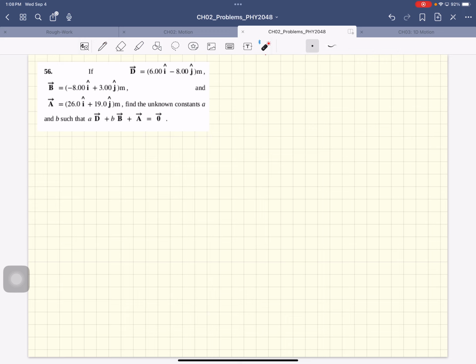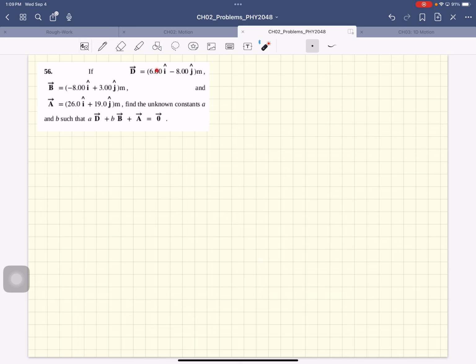We'll do this problem. This is slightly different than what we've done. They give you vectors D and B, and notice they're giving you components. So they're already understanding that you've gone to the next level. You don't have to find components.